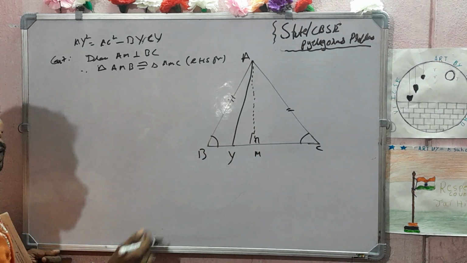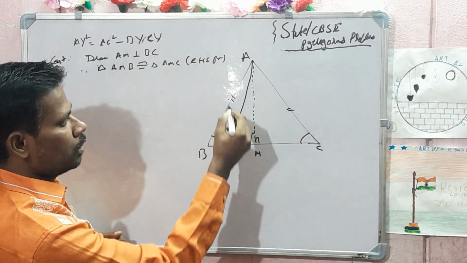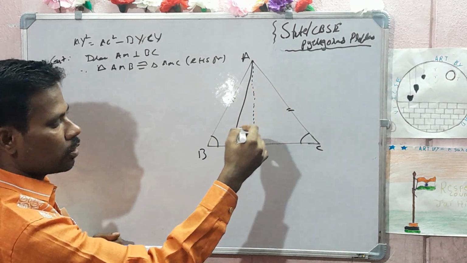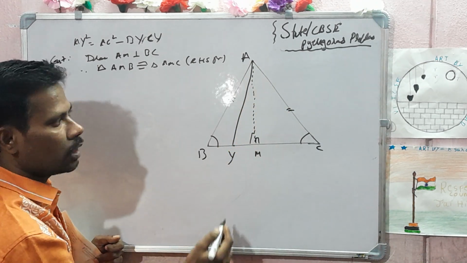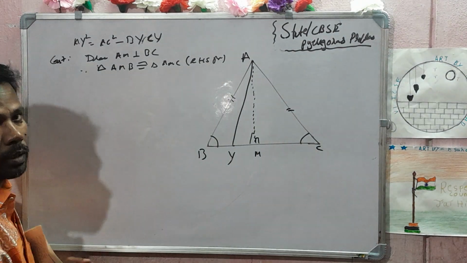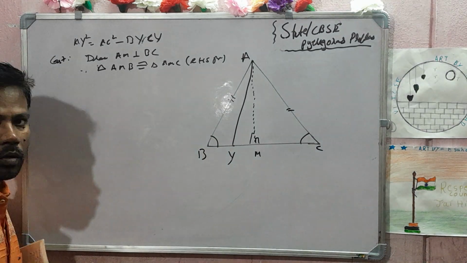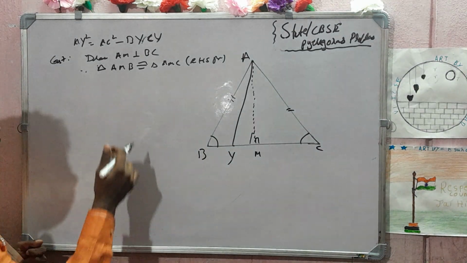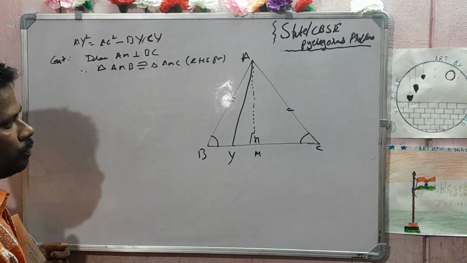By RHS property, the triangles are congruent. You have to write all the steps: AB is equal to AC, isosceles triangle, angle AMB 90 degrees, angle AMC 90 degrees, and AM is common. Therefore, by RHS property, triangle AMB is congruent to triangle AMC. Since you are in 10th class, I am not writing all the steps, I am just explaining orally. Please write them down by yourself.